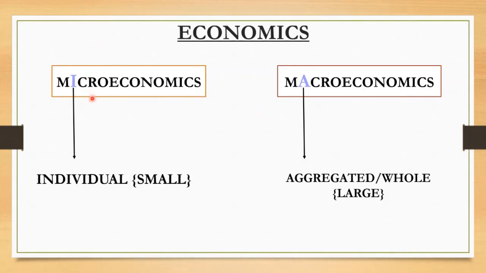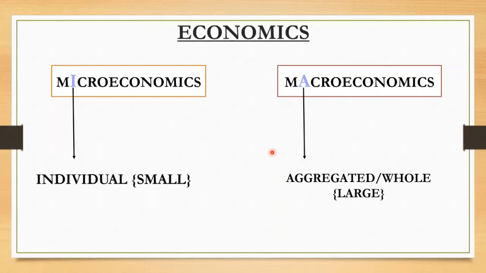Now, to study these limited resources on an individual level and on an aggregated or whole level turned out to be a big problem. To solve this problem, that is, what the problems are on an individual level and what the problems are on a whole level, an economist, Ragnar Frisch, divided the subject economics into two parts, microeconomics and macroeconomics.